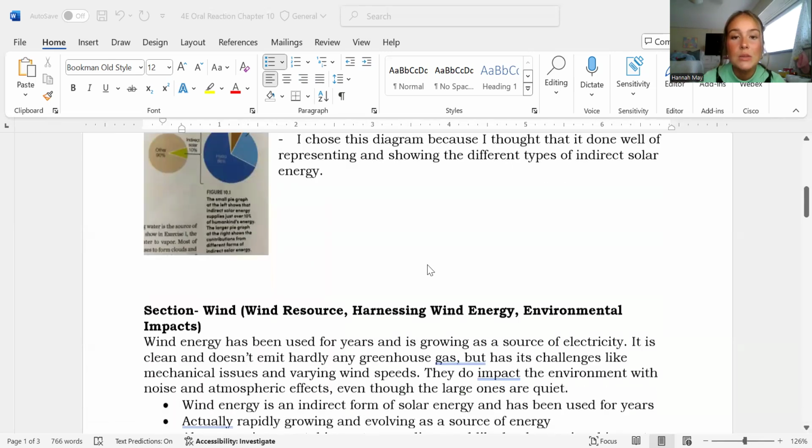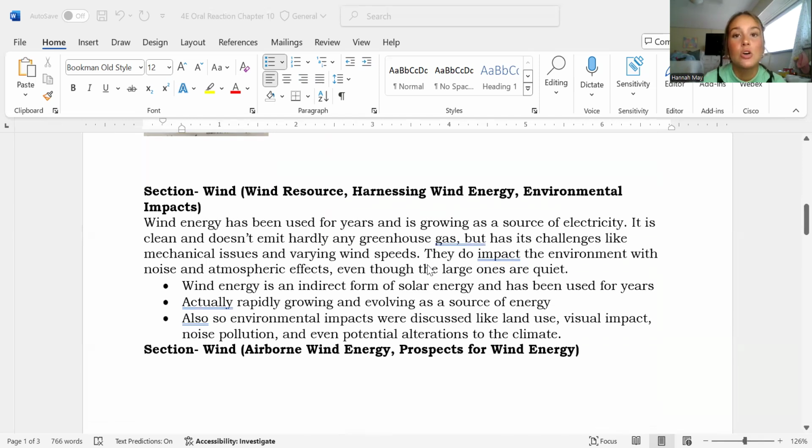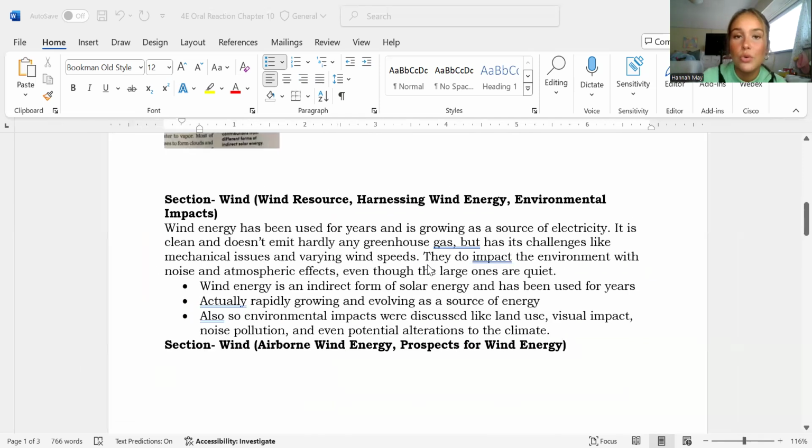Which brings us to our next section called wind. We talk about the first few subheadings: wind resources, harnessing wind energy, and the impacts that it has on the environment. In these first sections, it talks about how wind has grown and evolved over the last few years, and it's just going to keep growing as a source of electricity.